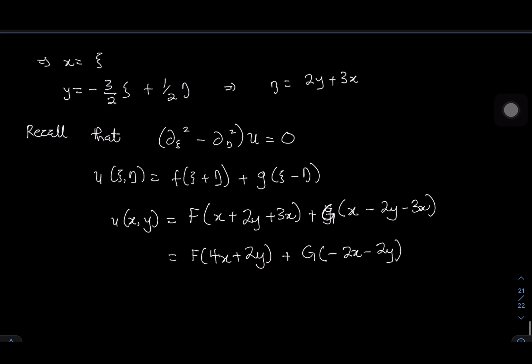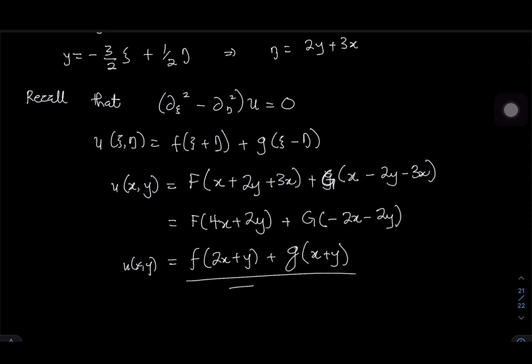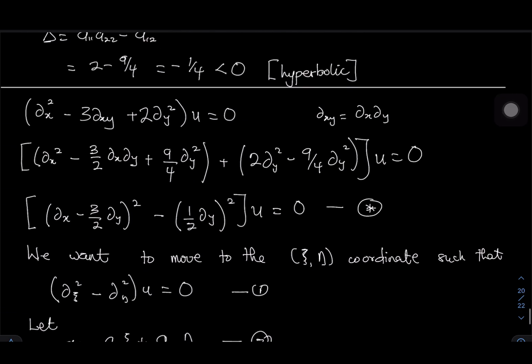If there are any common factors, you can just pull them all out and then have maybe u of x, y being a function of, let's say, 2x plus y, plus a function, let's say g, of x plus y. And this is the solution of the wave equation, or of the equation that was given.